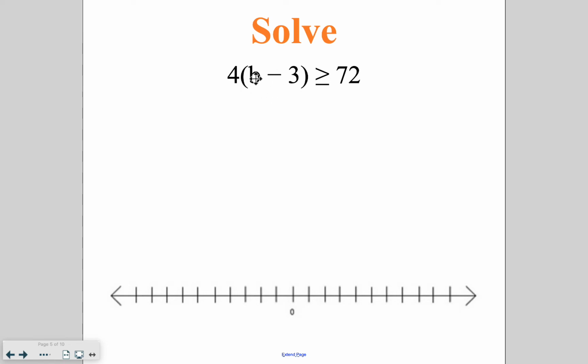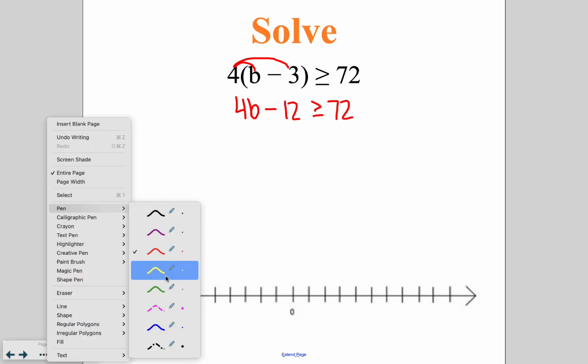Just like with equations, if there are parentheses to start in your inequalities, you are going to distribute as your first step. So we've got 4 times b, which is 4b, and then 4 times -3, which is -12, is greater than or equal to 72.